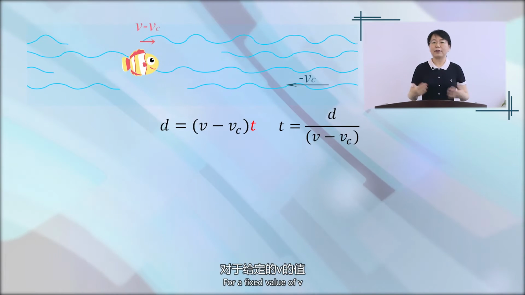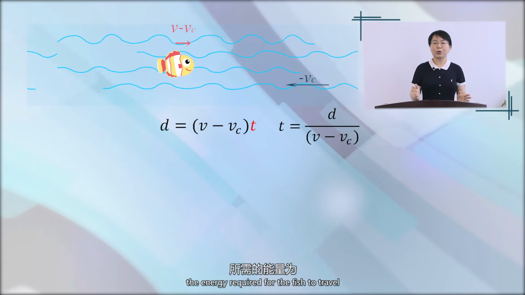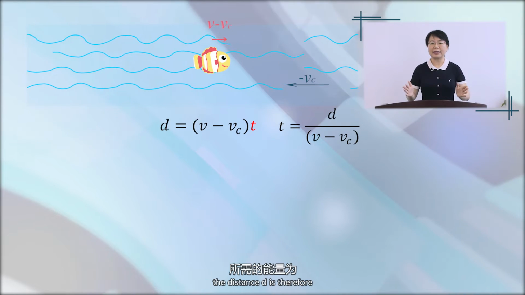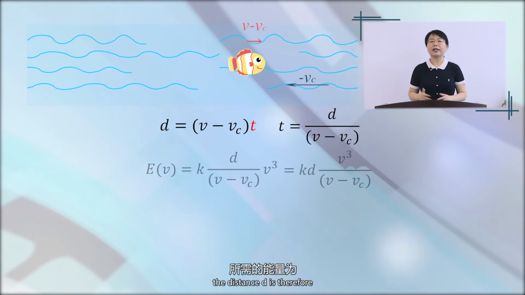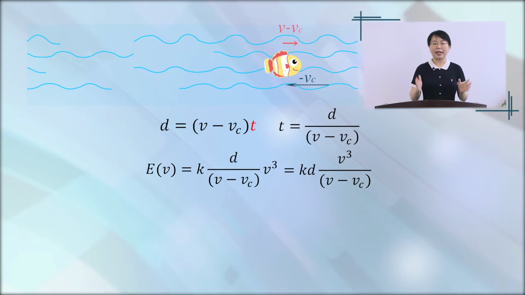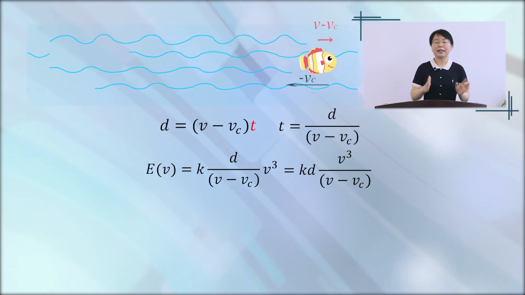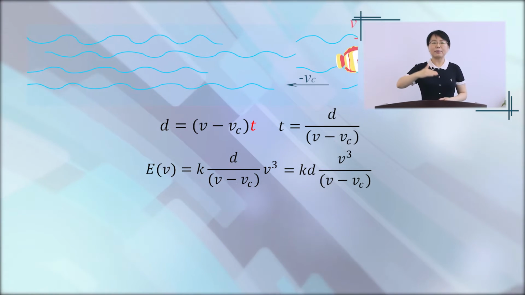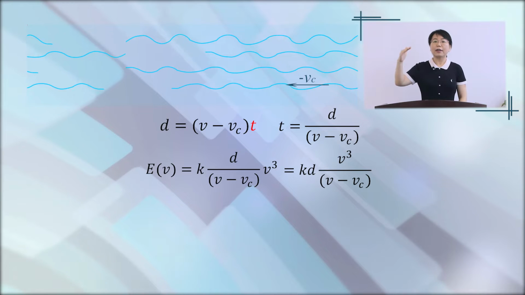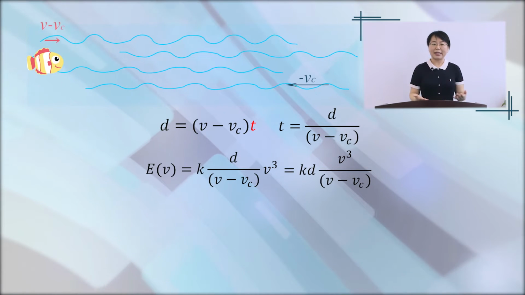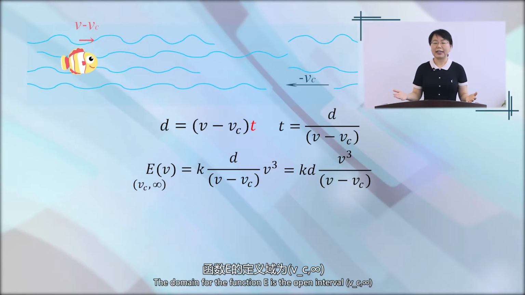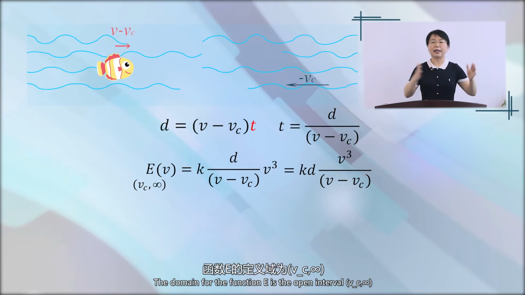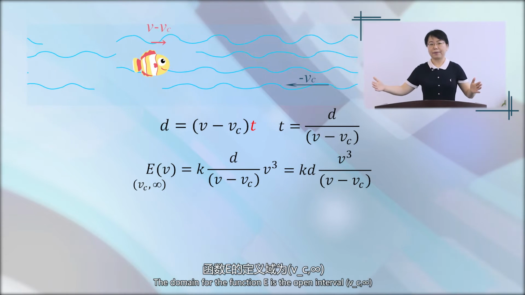For a fixed value of v, the energy required for the fish to travel the distance d is therefore like this. So the energy is equal to k times d over v minus v sub c times v cubed. We know that the domain for the function E is an open interval v sub c to infinity.